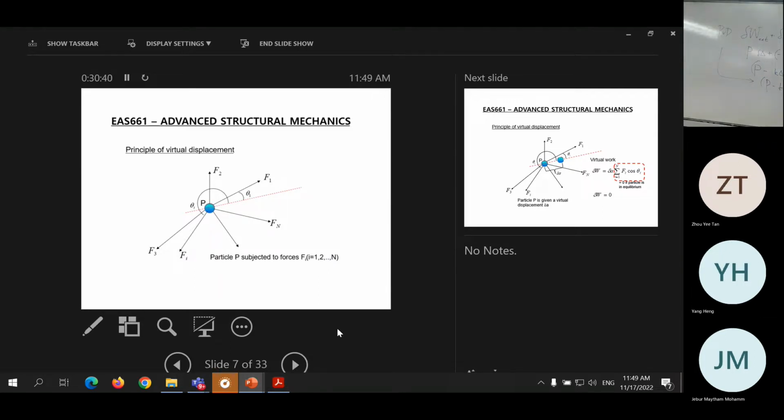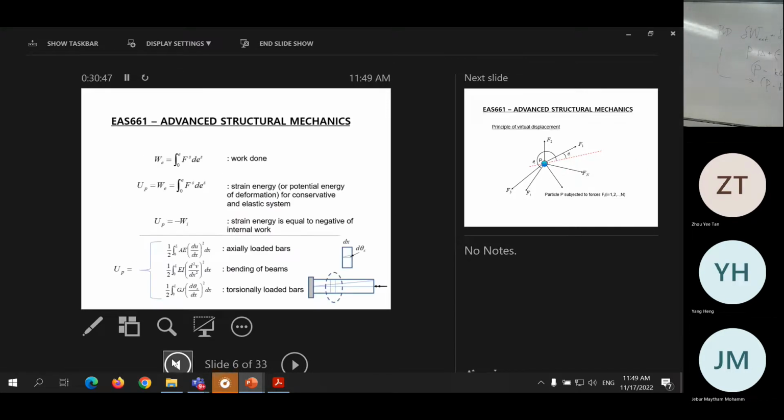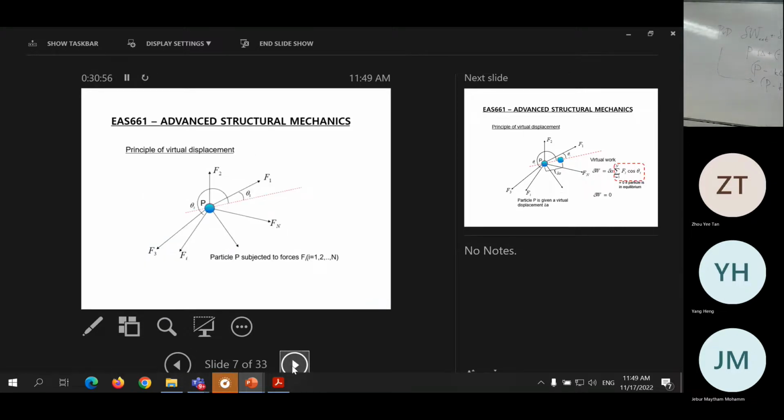After I go through this, I will come back to how to derive this. First, I will go to the principle of virtual displacement. The principle of virtual displacement is a very powerful principle that we can use to solve problems, because it gives us an alternative way of defining equilibrium.